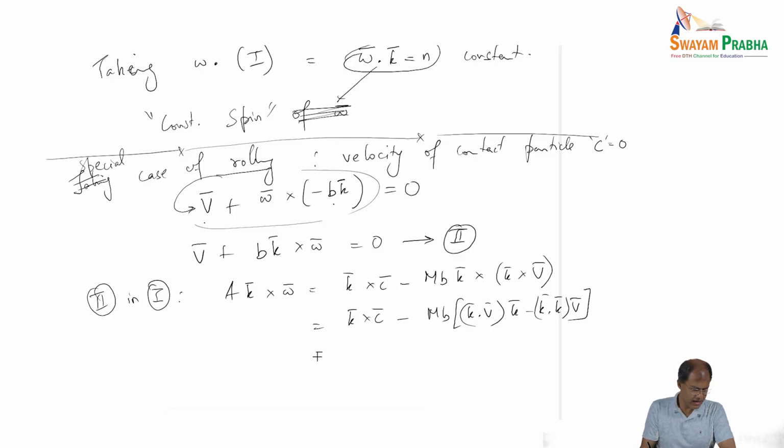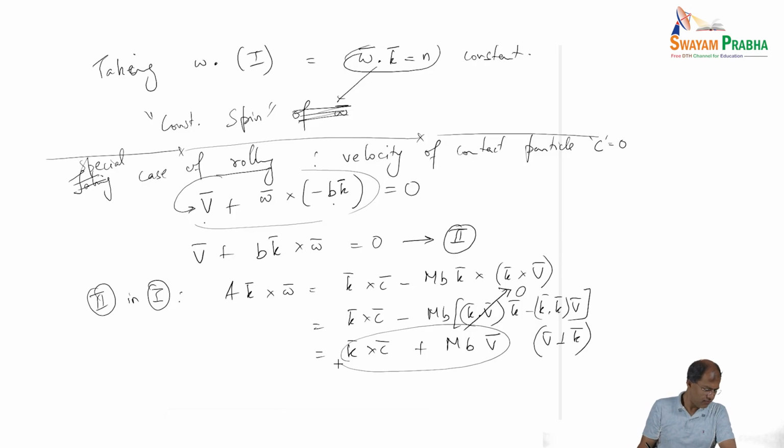And then we have this is K cross C plus MBV, right? So here this dot product is gone because V is perpendicular to K. So V is the center of mass velocity and K is the direction perpendicular to this motion. So we only get the following relation. Okay, so let me call this our relation number 3.